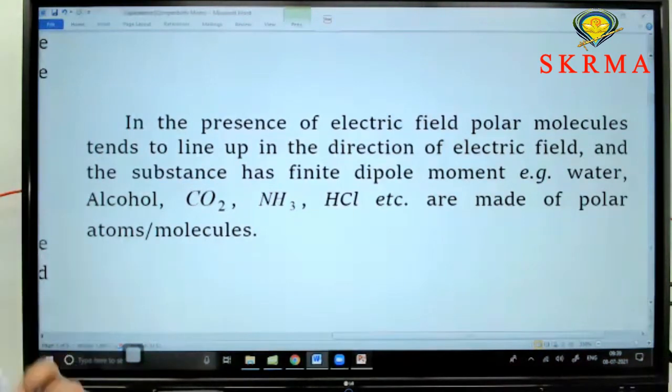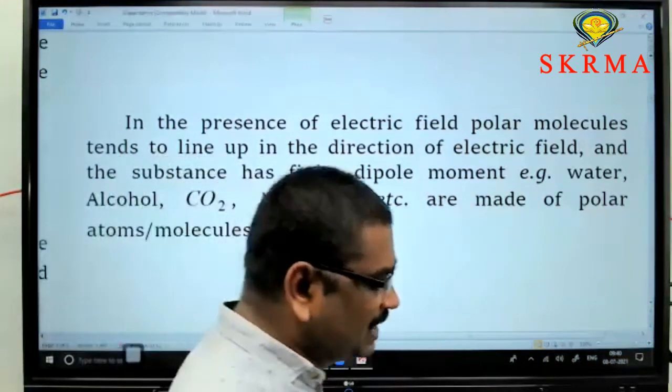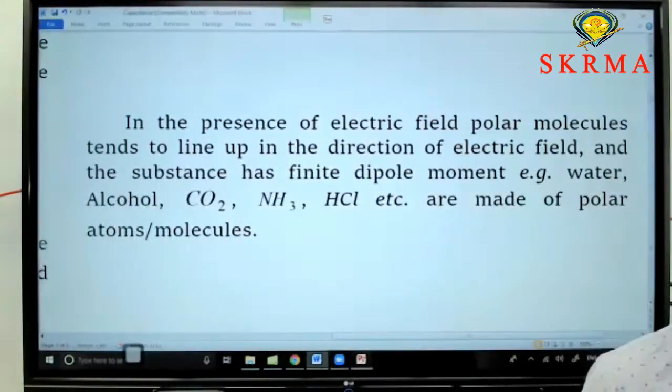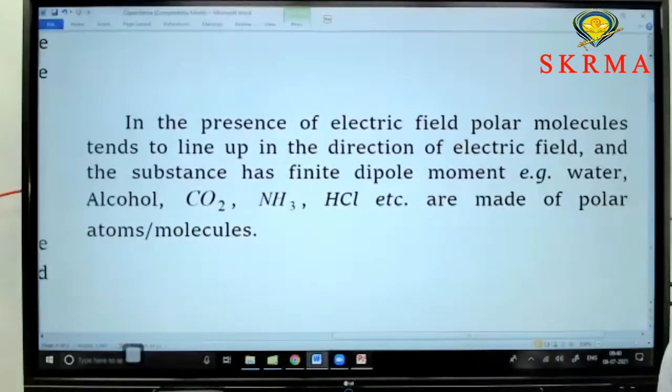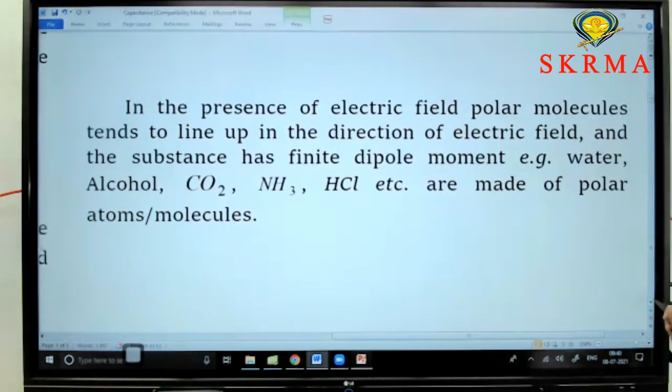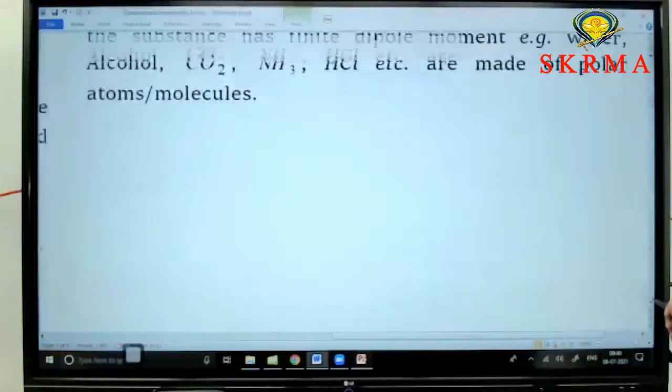If you place these dipoles in an electric field, then all the dipole moments are aligned with the field. What are the examples of polar molecules? Alcohol, NH3, HCl. All these come under polar dielectrics. Next topic.